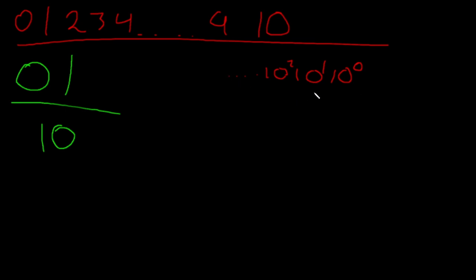So to write 121, you have 1 hundred, which is 10 to the 2nd, and 2 tens, which is 10 to the 1st, and then 1 one, which is 10 to the 0th. 121. Pretty easy. It's just numbers, right? It's what we're all used to.